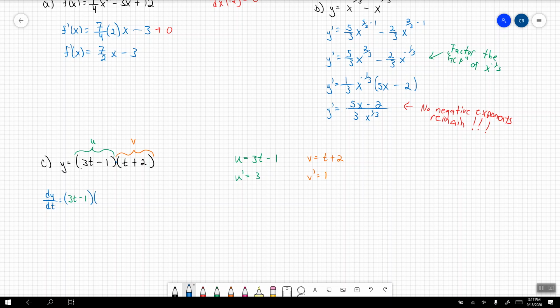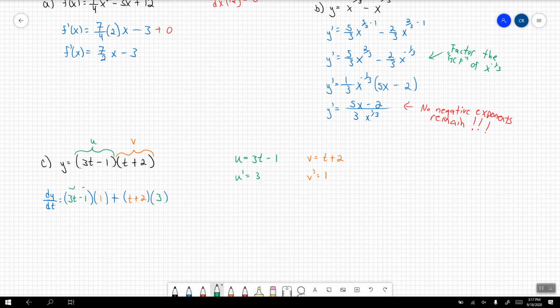That's your first function multiplied by the derivative of the second, which is 1, plus the second function, t plus 2, multiplied by the derivative of the first function, which is just 3.